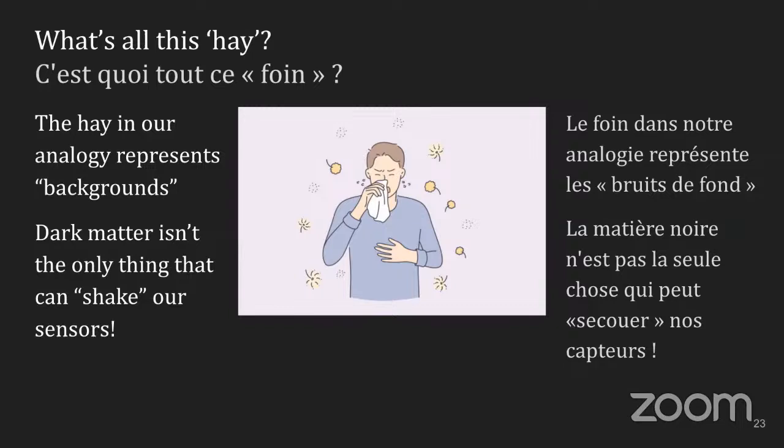So the hay in our analogy represents backgrounds, and we don't like the hay. We don't like backgrounds. We want to get rid of them, and we want to just focus on seeing these dark matter interactions. The fewer backgrounds that we have, the better we can say that we saw one particle and we weren't fooling ourselves, because as I mentioned before, we're really looking at a broad space, and it's very easy to make a mistake.